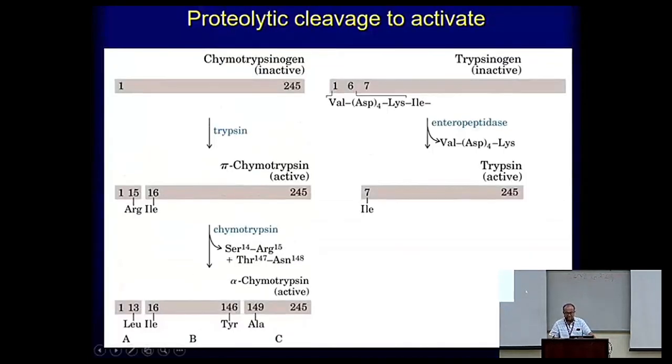Okay, so this is the first one we talked about, proteolytic cleavage to activate. So there are many zymogens produced from the pancreas that go into the small intestine that actually allow us to digest protein that we take in, that we eat through the diet.